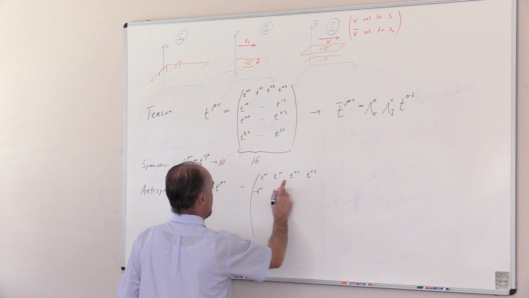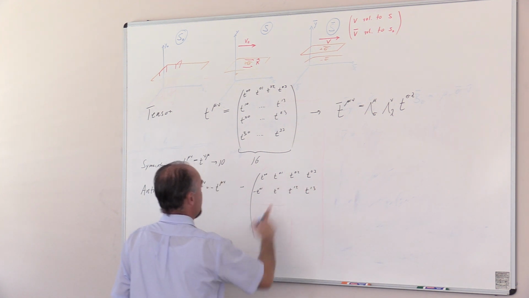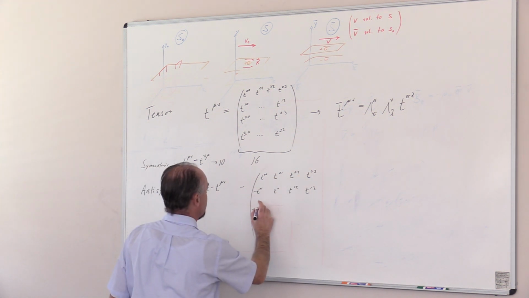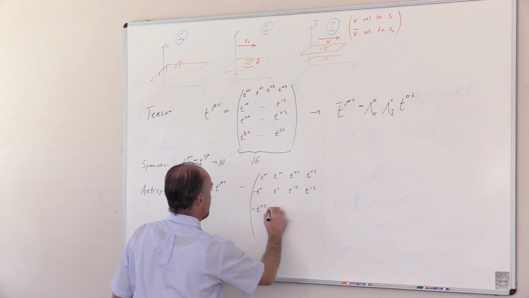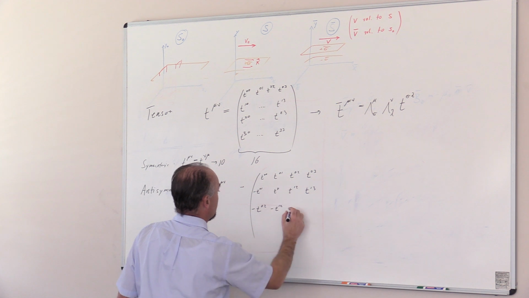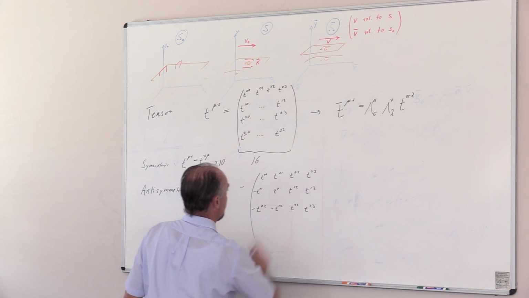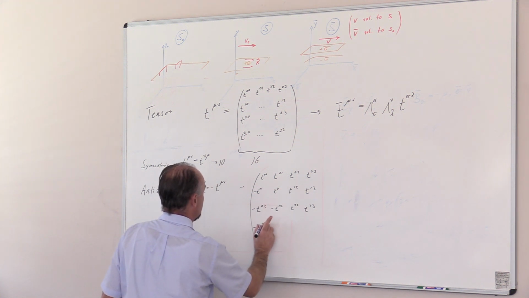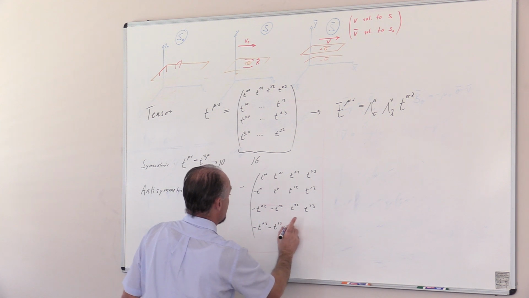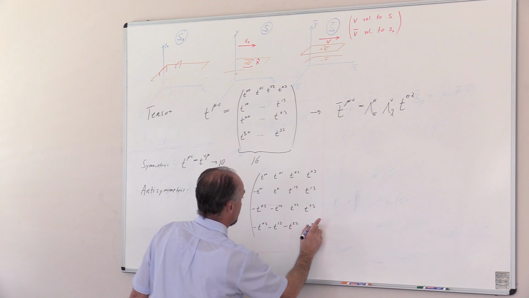This is T11. Then T12, T13, and now this mirror here must be negative: minus T02, minus T12, T22, T23, and here minus T03, minus T13, minus T23, and T33.